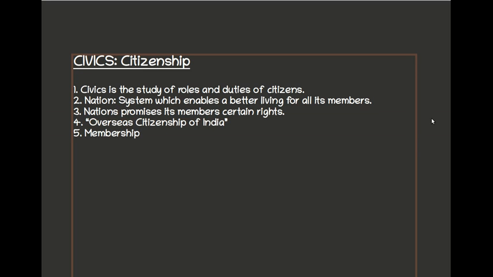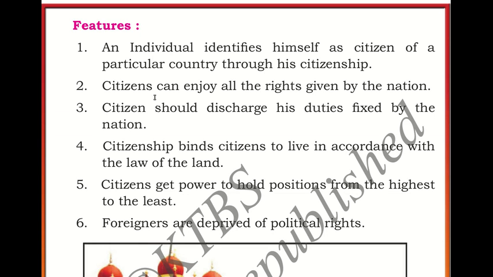Once the library has recognized you as a member, then it gives you certain rights. Similarly, citizens can enjoy all the rights given by the nation. For example, if you are a member of the library, you have the right to borrow books there, you can browse the books in the library, you can sit down and study in the library. Similarly, citizens of a nation enjoy certain rights.